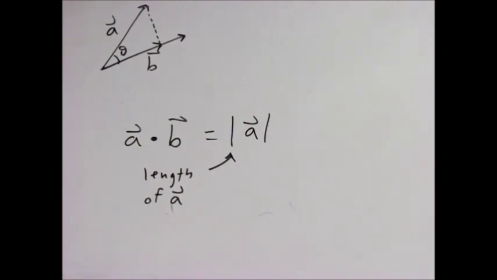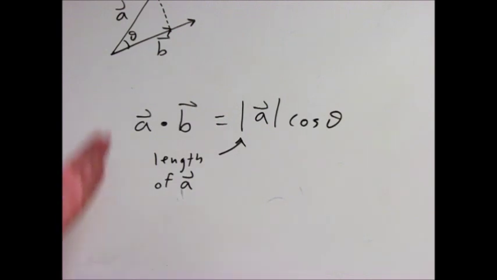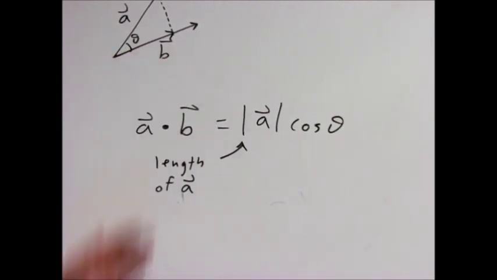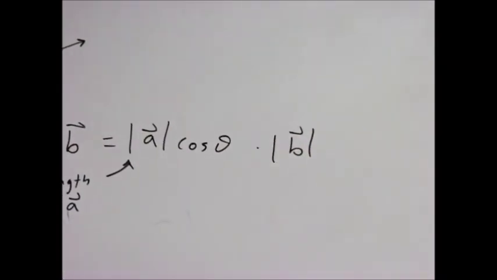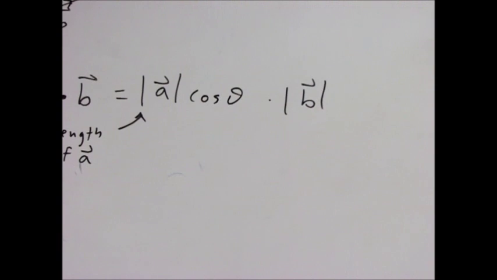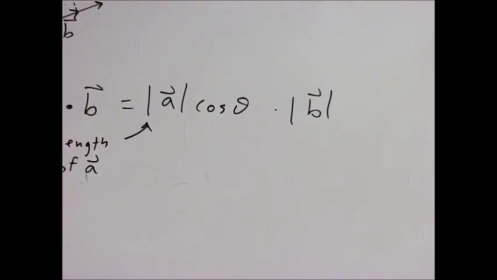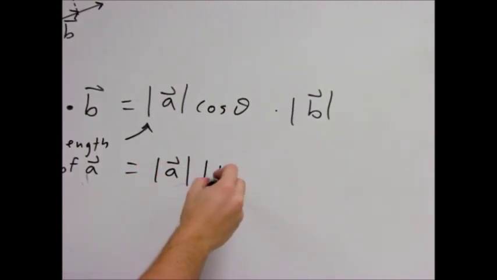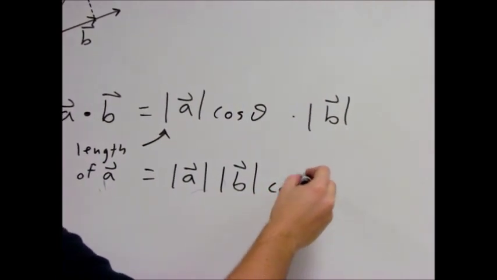But, so we have this times the cosine of the angle. You get A in the direction of B. Then you multiply that by B. And that is one way of thinking about the dot product. Or rewritten like this. The lengths times the cosine of the angle between them.